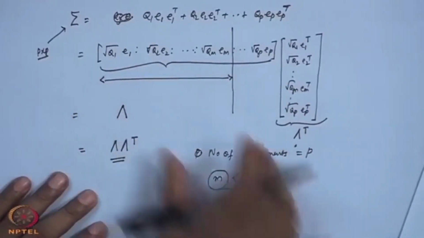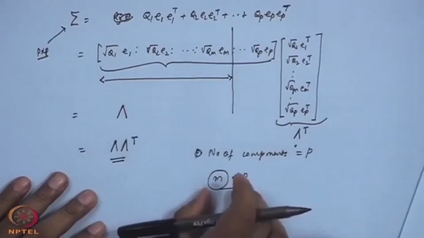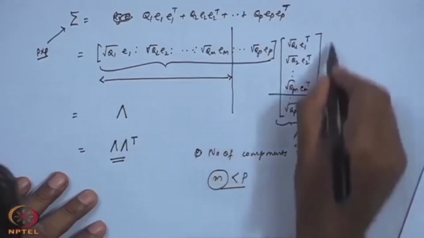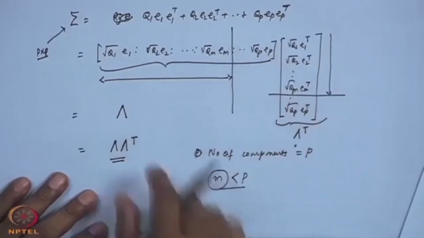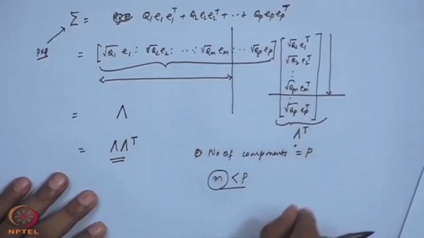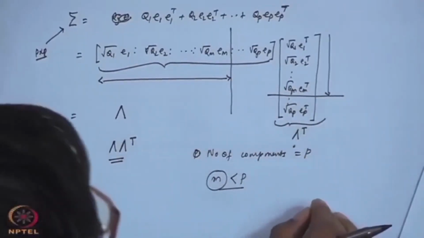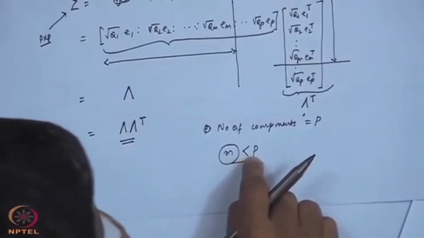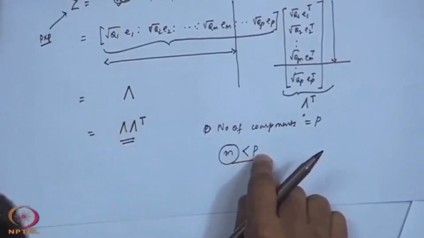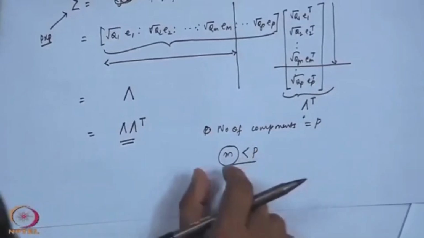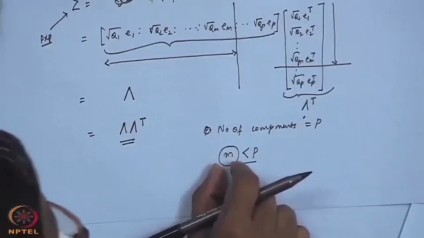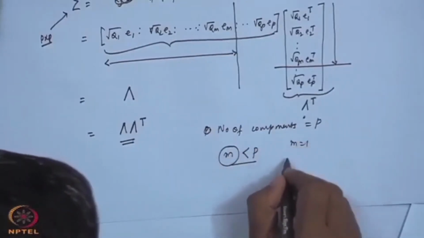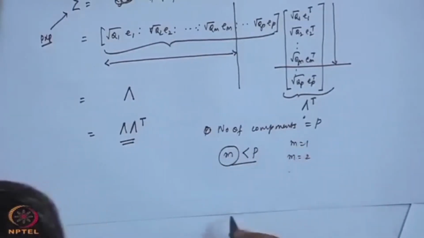Then the remaining portion we can attribute to the error terms or specific variance, because we do not want to extract p factors. We want a subset of p that may be very small. If m equal to 1, that is the best, if m equal to 2, 3 or like this, but it must be a subset of this.